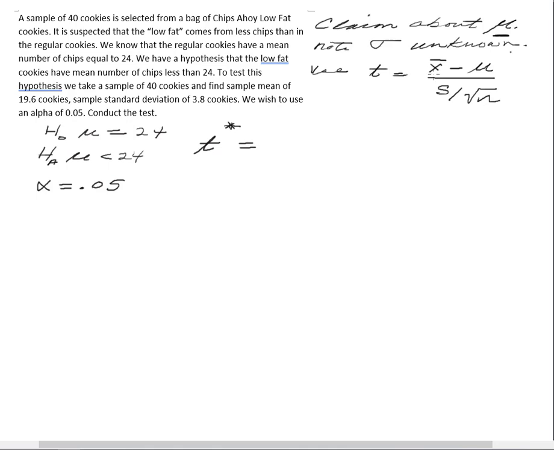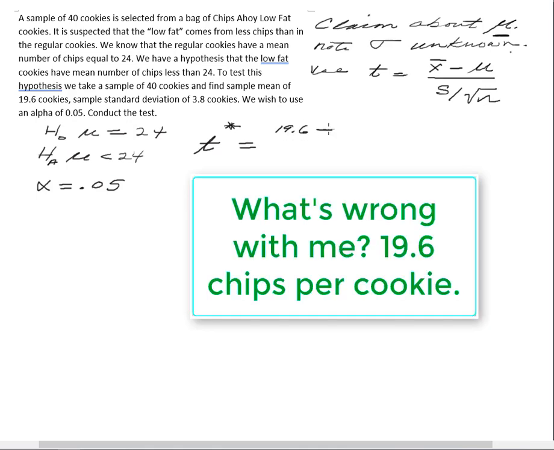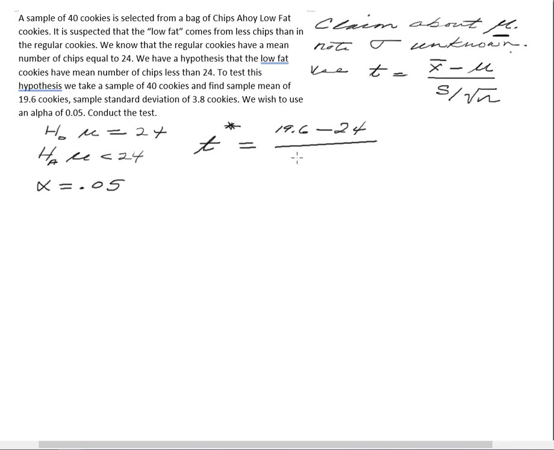t is equal to x bar minus mu over s over the square root of n. So x bar, I'm reading the problem, and the problem says x bar was 19.6. Now minus mu. I always get mu from the null hypothesis, so mu is 24, divided by s, the sample standard deviation, which is given in the problem as 3.8, divided by the square root of n.